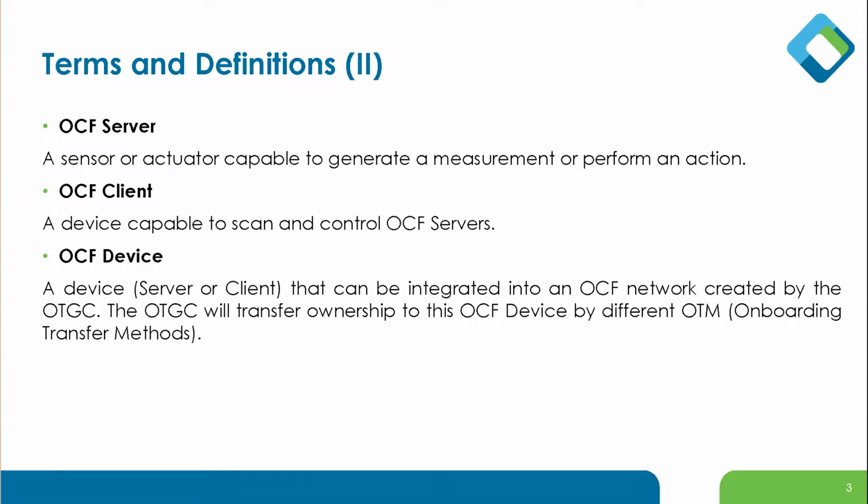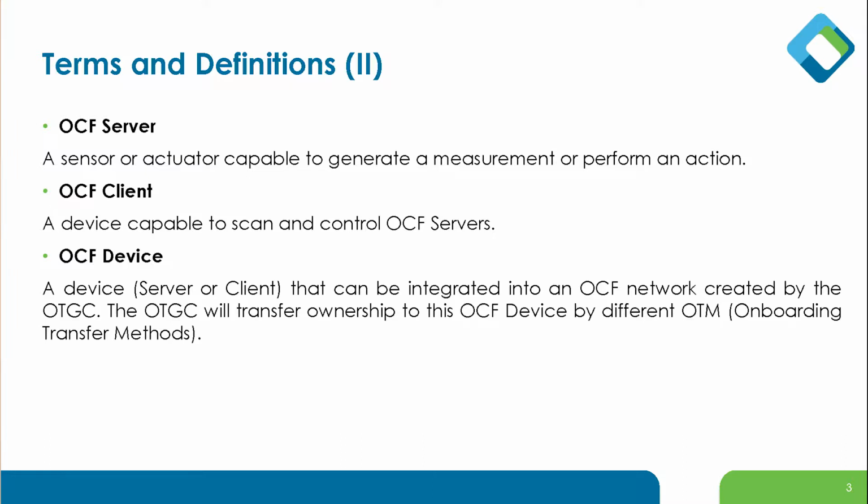An OCF client is a device capable to scan and control OCF servers, and generically an OCF device is a server or client that can be integrated into an OCF network created by the OTGC.